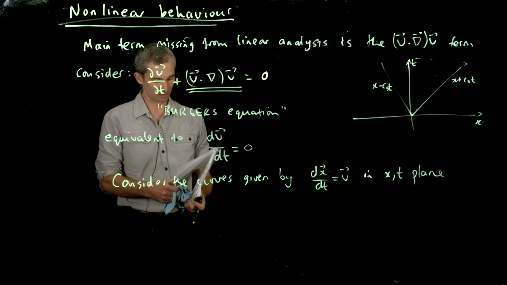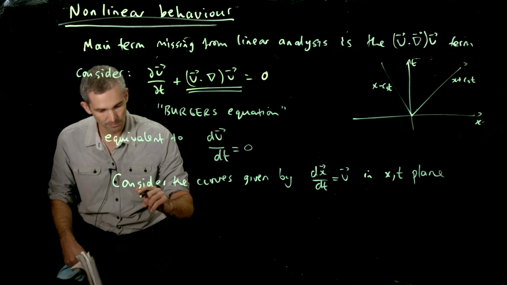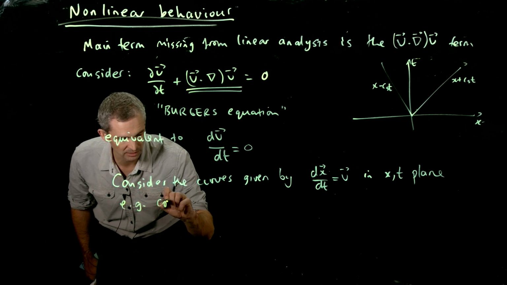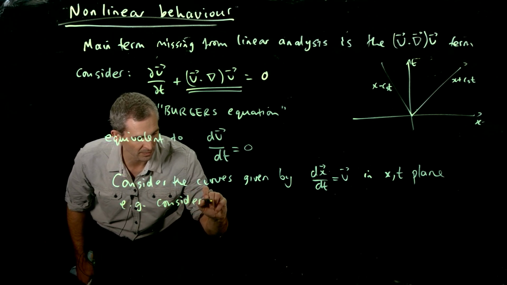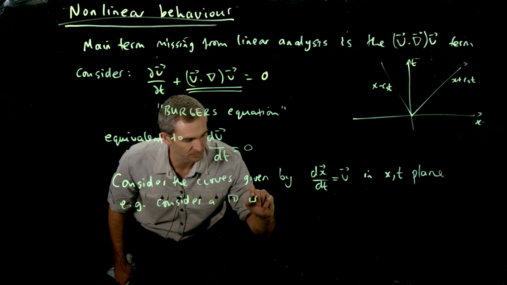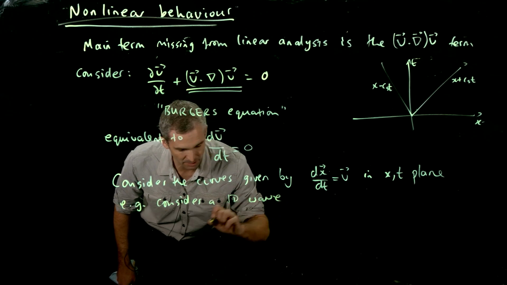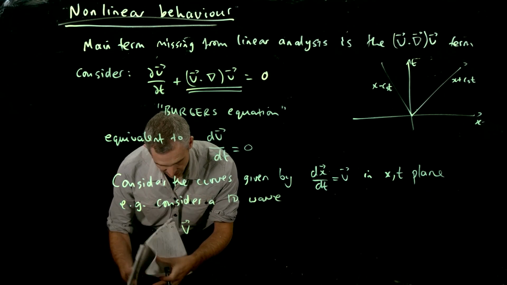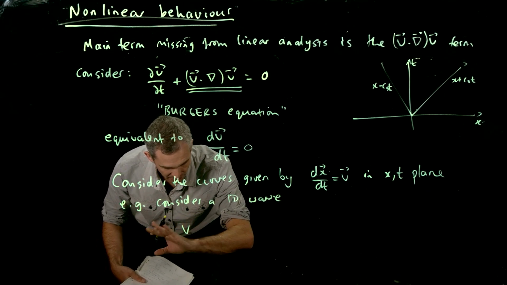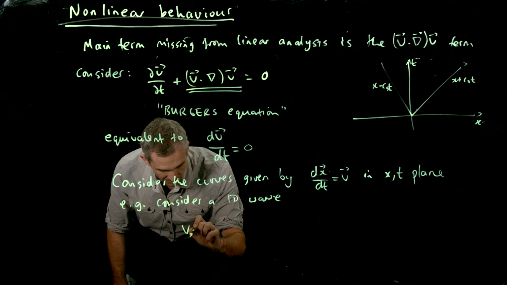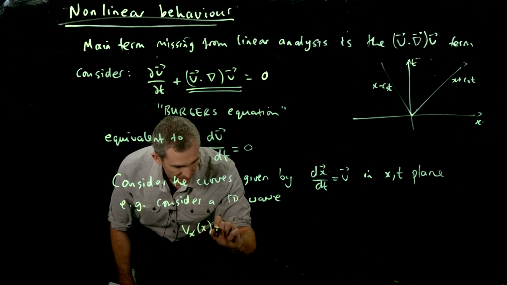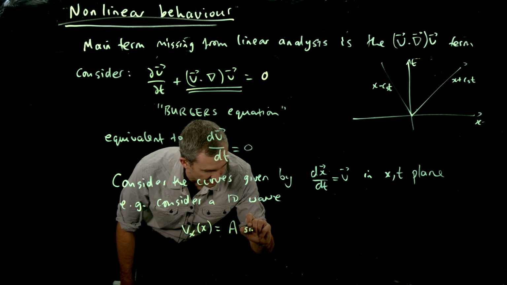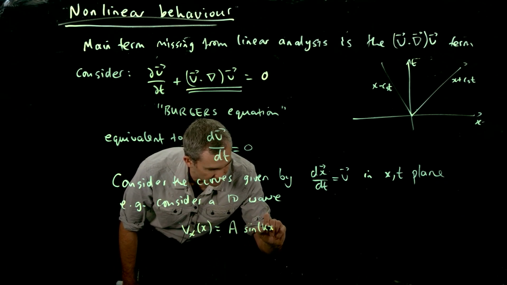What happens? So let's, for example, consider a 1D wave. So let's imagine a velocity in the x direction. So we just have a velocity v, which is a function of x, equal to some amplitude times sine of kx.